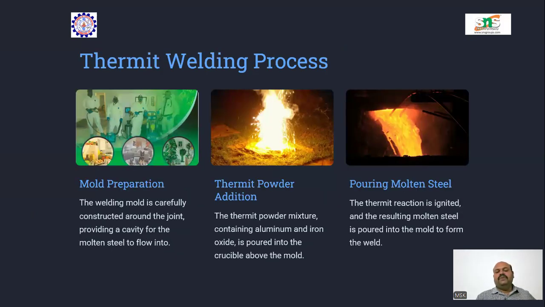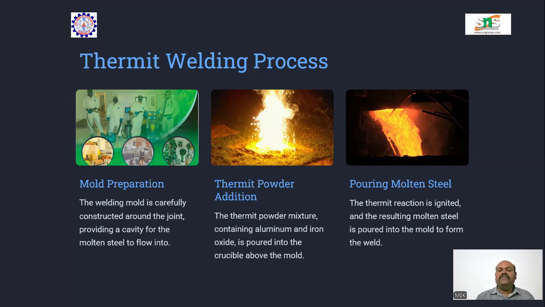In the thermit welding process, we have three preparation steps. One is mold preparation, where the mold is carefully constructed around the joint. Whenever you join two railroads, we have to carefully make the mold where the cavity has to be prepared, into which the molten metal has to flow. The next one is addition of thermit powder.